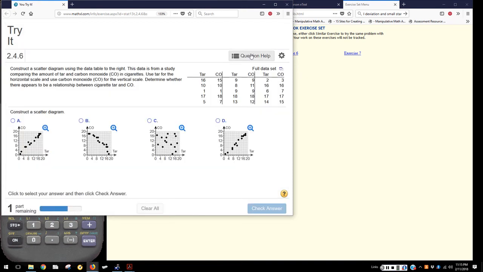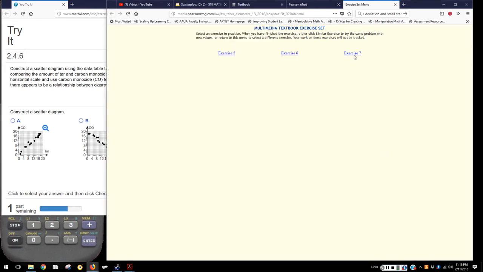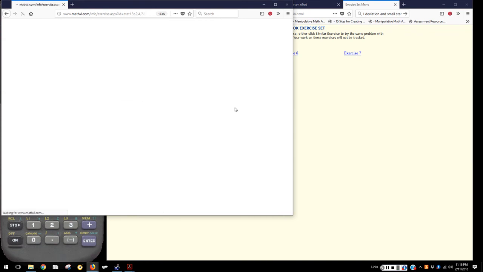And again, if you need help, you have question help. It'll help you solve it or it'll show you an example. And then the same with exercise 7.